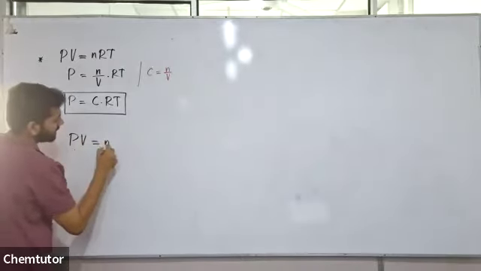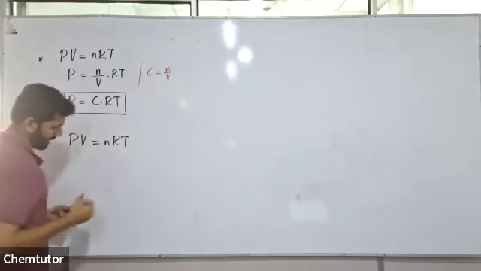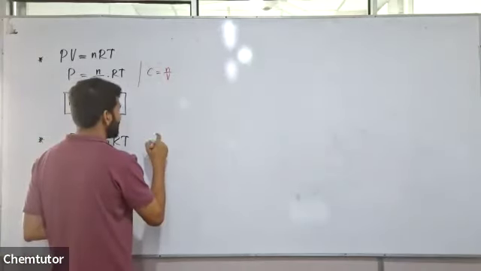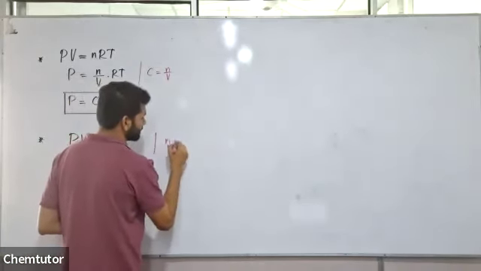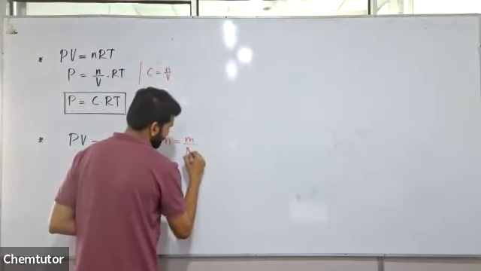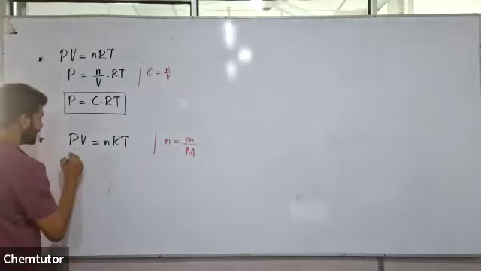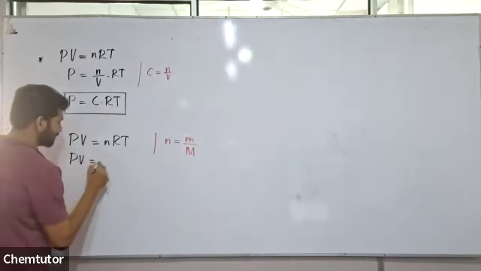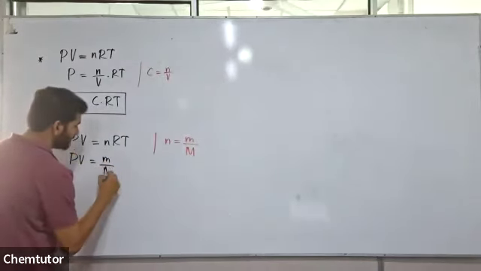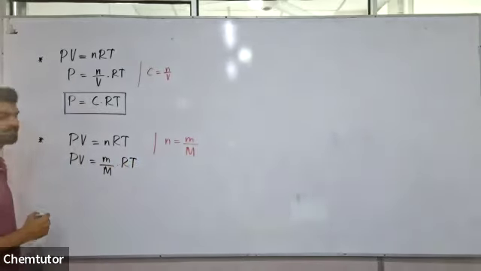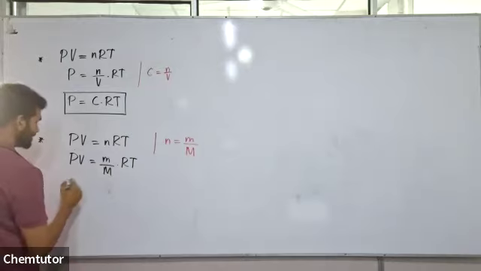We have PV equals nRT, and we know that number of moles equals mass divided by molar mass. So PV equals m over M times RT. Then we can rearrange this one.